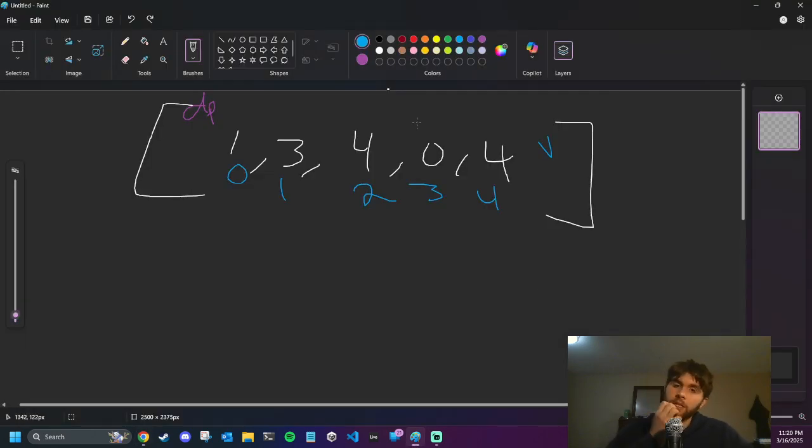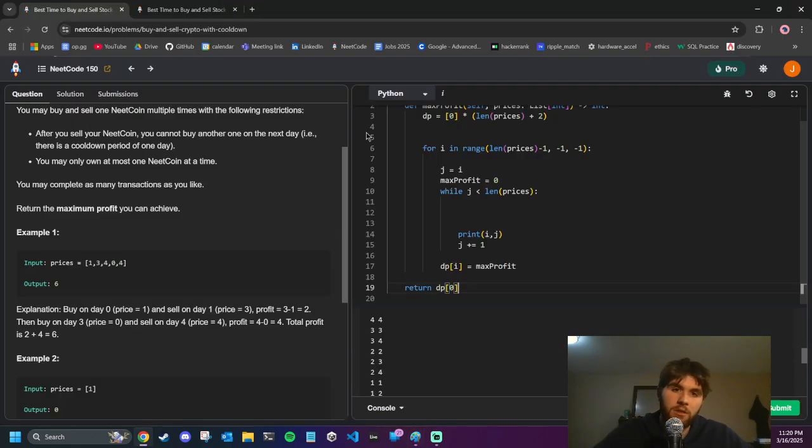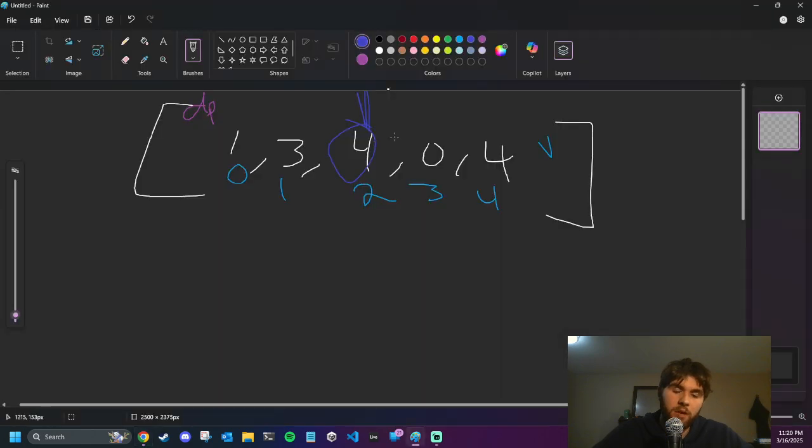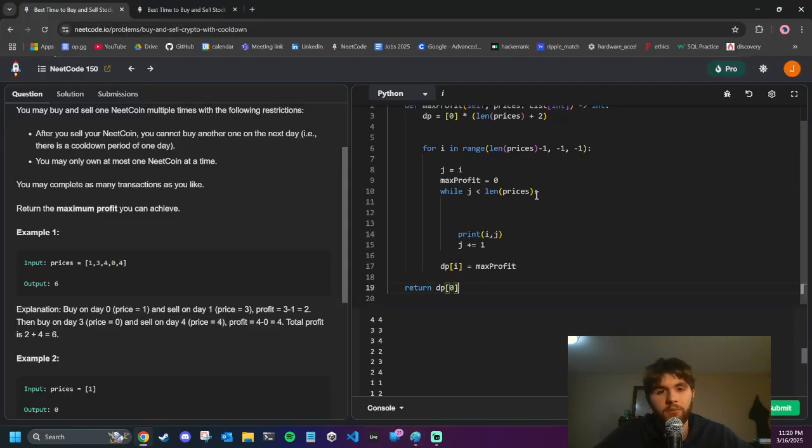So how do we actually calculate max profit for a given point? Well, it'll start by comparing itself, which is not what I want necessarily, so let's just ignore that. It's basically asking the question, what if I sold here?